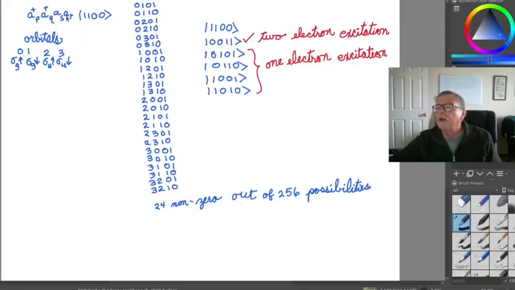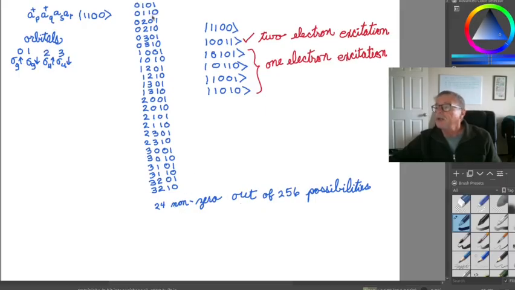Okay, in this scenario, here are the annihilation and here are the creation orbitals. And just as a review, here are the different orbitals that we can deal with. Now, if I was to list all of these combinations here, that would be 256 possibilities. But all I'm going to do is focus on the 24 that are non-zero.